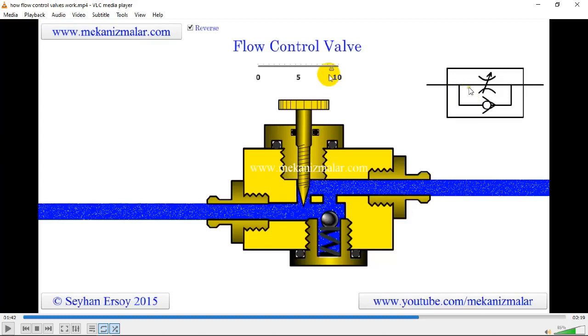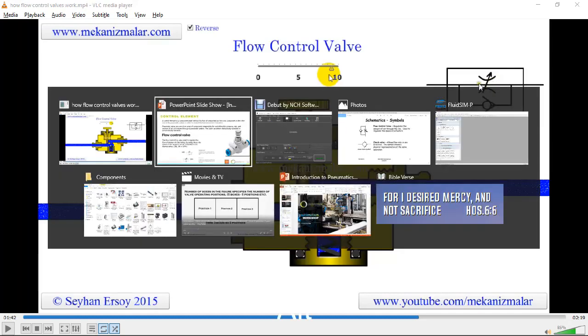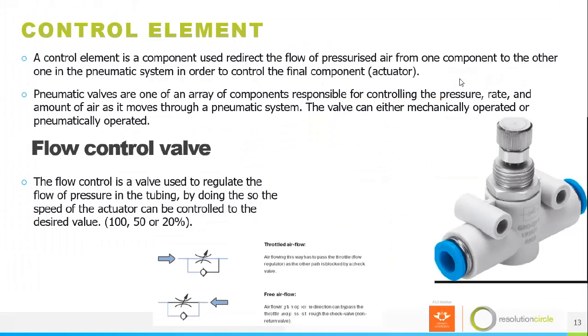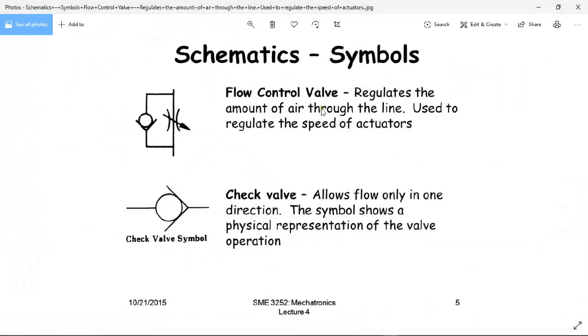So as it passes through the throttle, then you can regulate the amount of pressure that you want to flow. So wherever the arrow of the throttle is pointing, that's where your flow control valve will control or regulate the pressure.